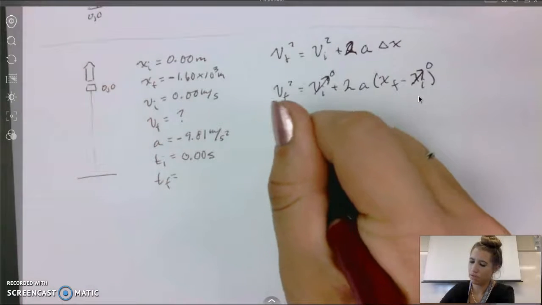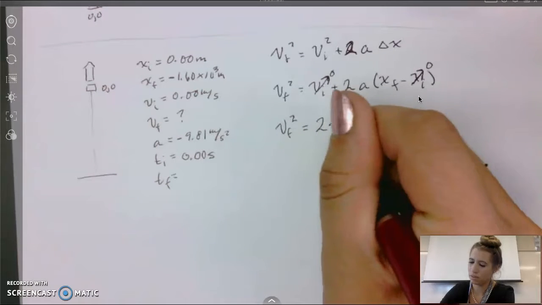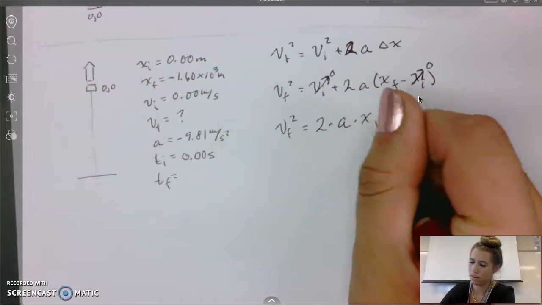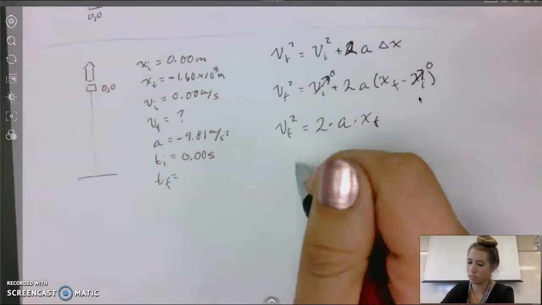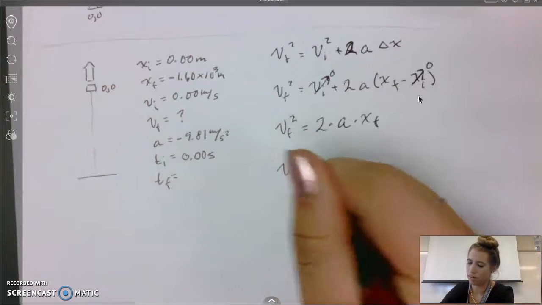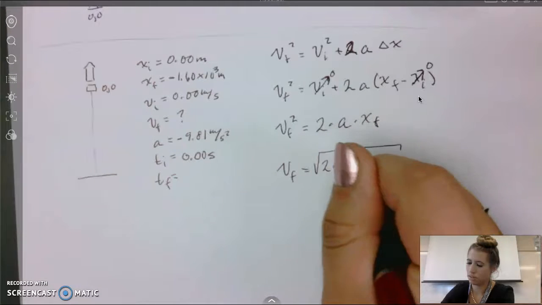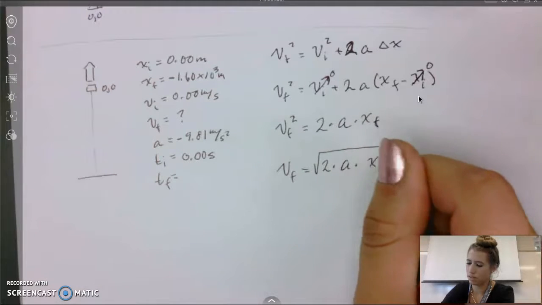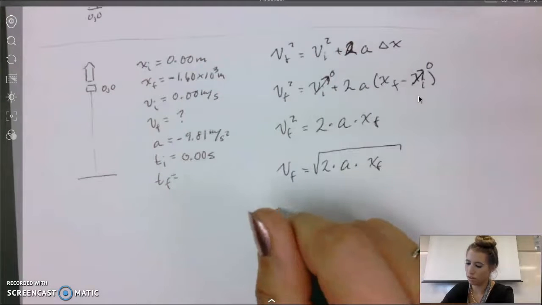So velocity final squared is going to equal 2 times acceleration times x final. And then the last part of this, let's take the square root of both sides so that we have velocity final not squared, and then the square root of 2 times acceleration times x final. All right, last thing, let's plug them in.